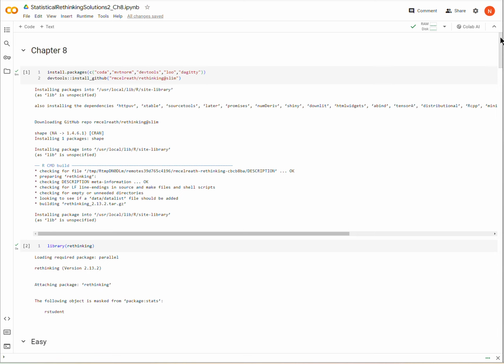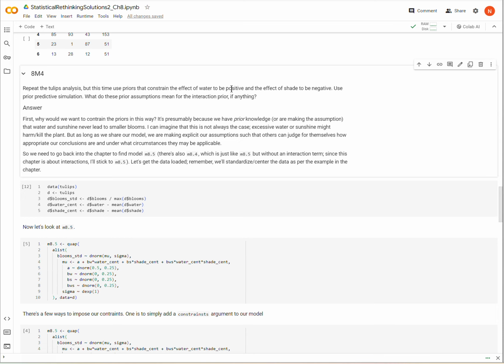Okay. So we're going to repeat an analysis that was done in this chapter on the tulips. In that analysis, we were looking at bloom size as a function of water and shade. And there was also an interaction term in there between water and shade. Okay. And so we're going to repeat that.